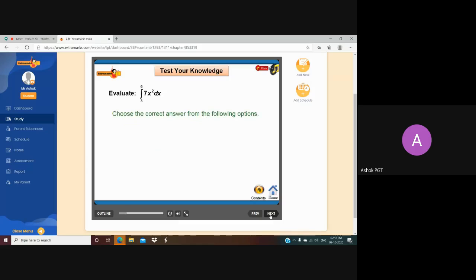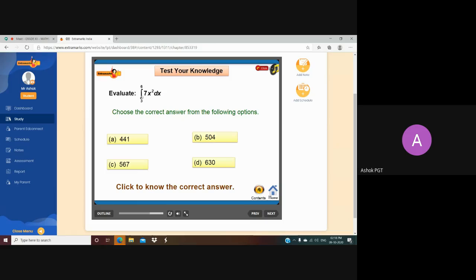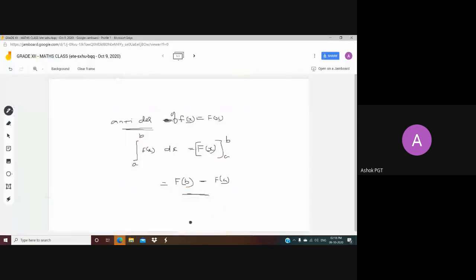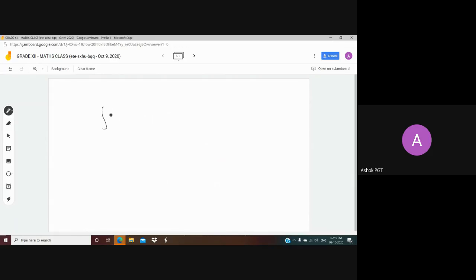Evaluate the given integral and choose the correct answer from the following options. Okay, students, we will solve this problem now. Question is integration of 7x square dx. Lower limit is 3 and the upper limit is 6. First, we must solve this as an indefinite integration.